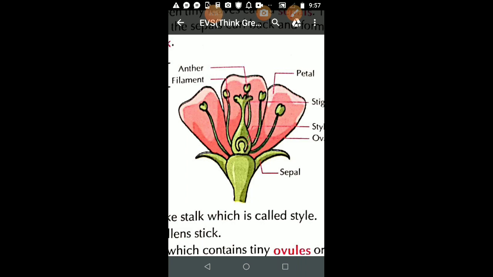Now see student, what happens in self pollination? Note down, if you want to note it in your rough copy, you can write it.